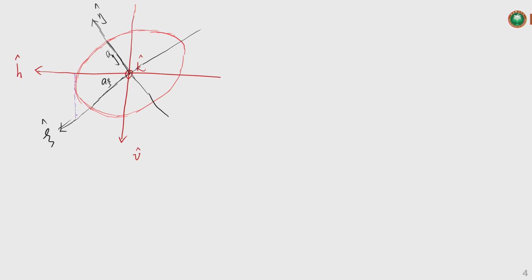So this part is AH, and this shadow is AV.